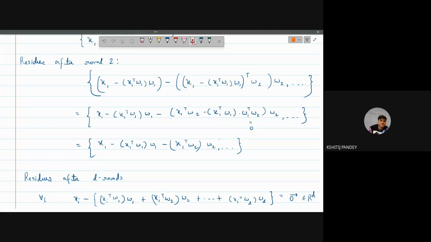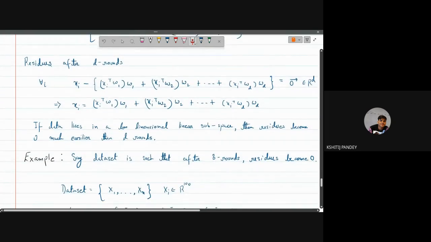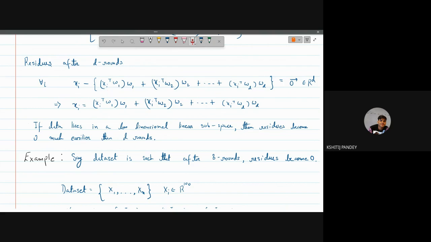Now the residue is like this, xi minus this and this. So after d rounds, the residue will be equal to xi minus xi transpose w1 into w1 and so on. From this we conclude that xi is nothing but a combination of scalar times wi's, w1, w2 to wd.